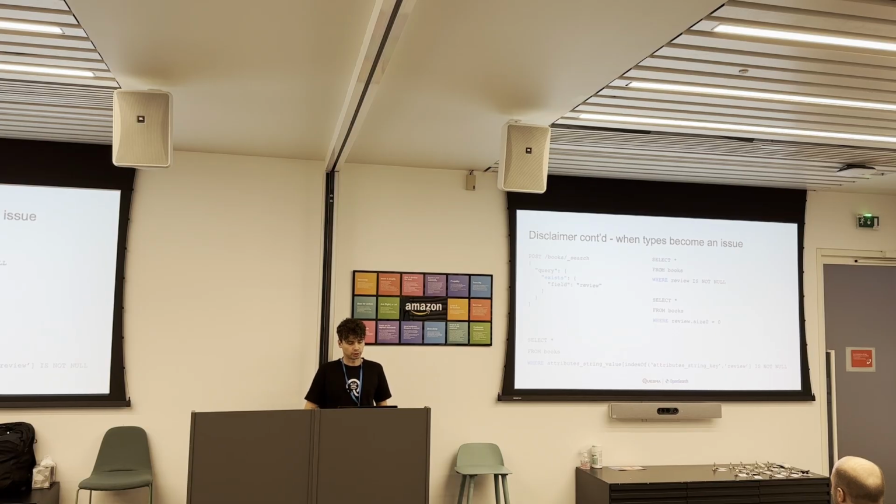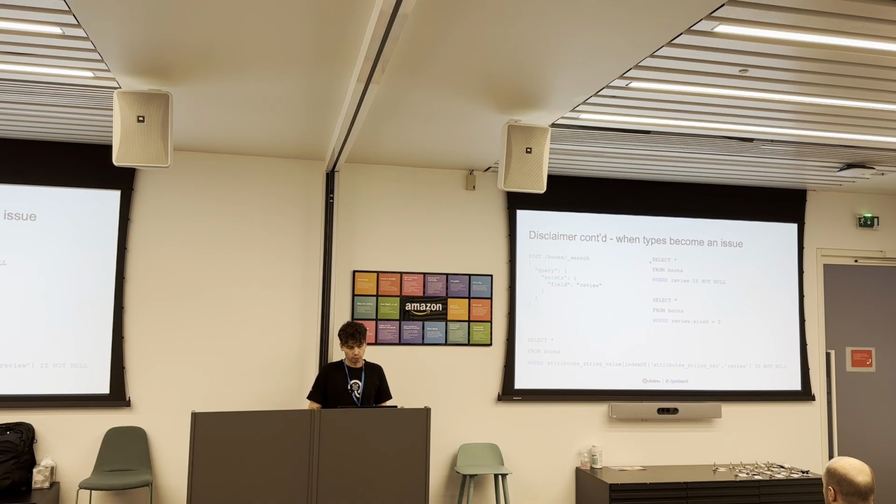So for instance, let's look at a collection of books. We have a document for each book, which has an author, a title, and it also may have the field review. So in OpenSearch, we simply can check and filter for those books for which the field review exists, and we're done.